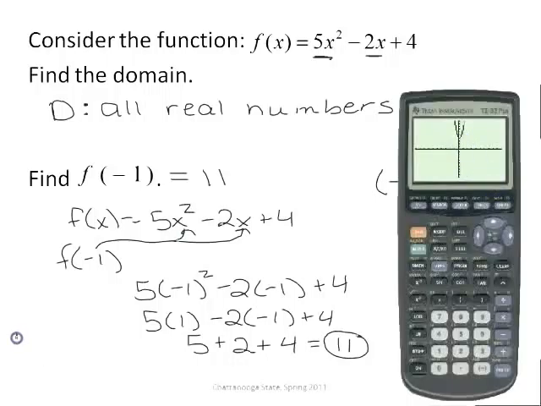So if I were asked to find my range, it is going to be all of my y values that are bigger than or equal to 4. So my y would have to be greater than or equal to 4 to be an element of the range.